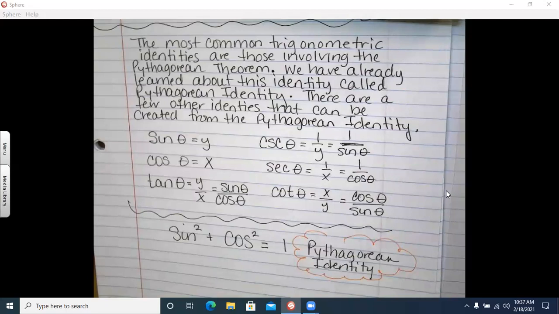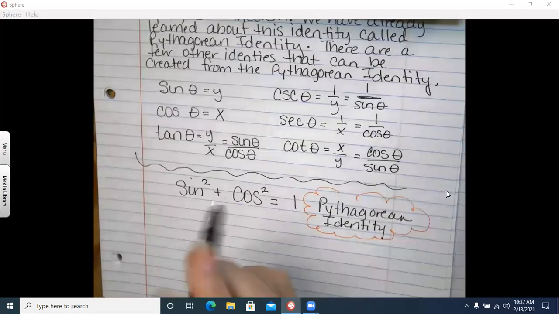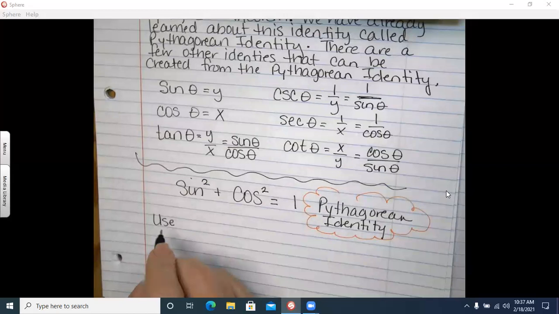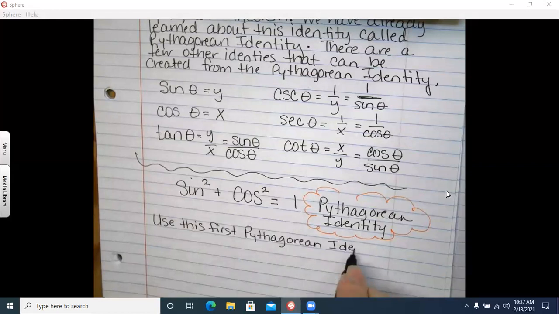Okay. What we're going to do is use this first Pythagorean identity. They're all of them that we're going to create, they're all called Pythagorean identities, okay? This is probably just the one used most often. So use this first Pythagorean identity to create two additional identities.